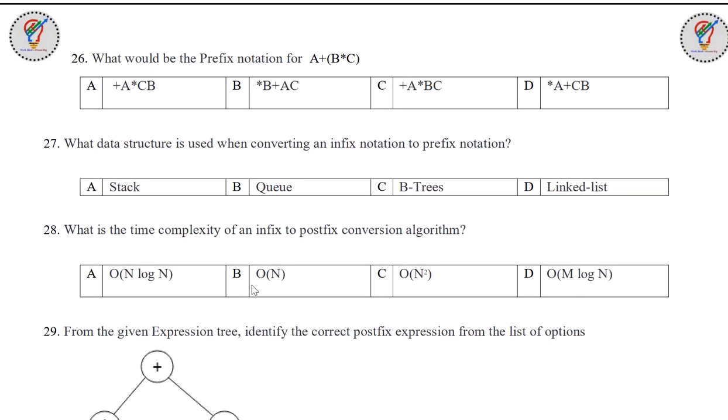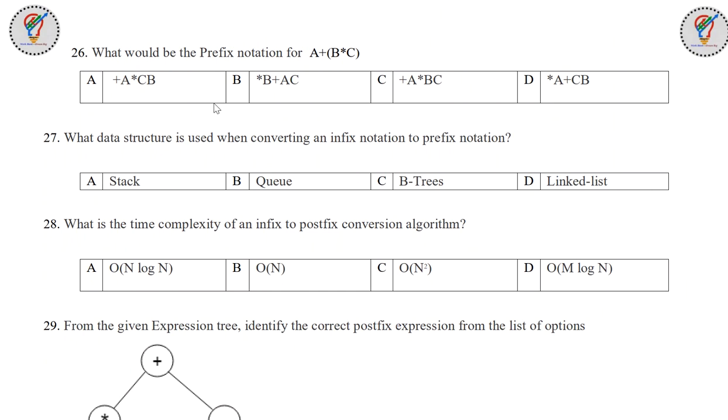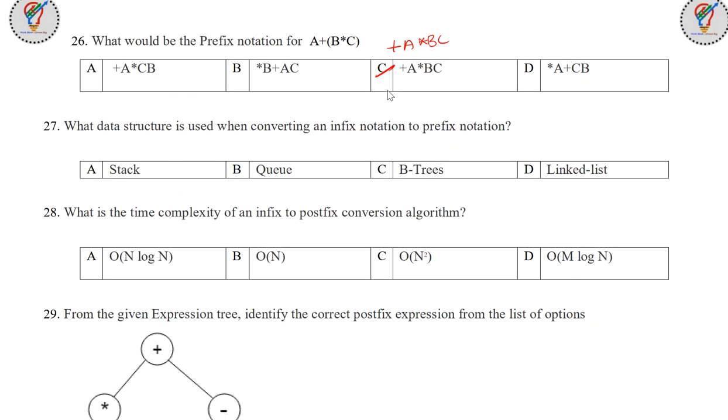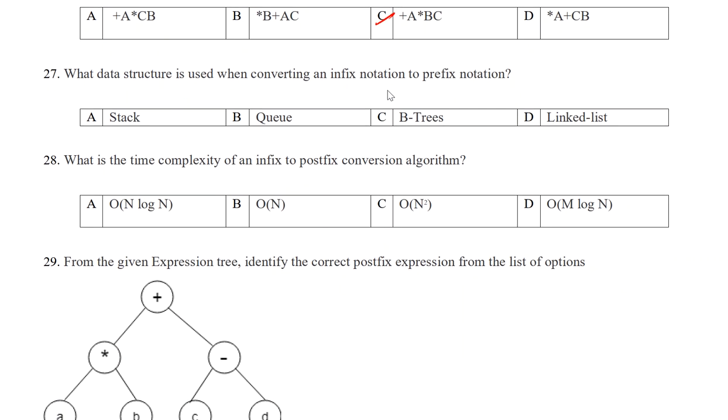Next one, what would be the prefix of this notation a plus b into c? If you write the prefix notation for this one, it is going to be plus a star b c. So C is the right answer. Next one, 27th question here.